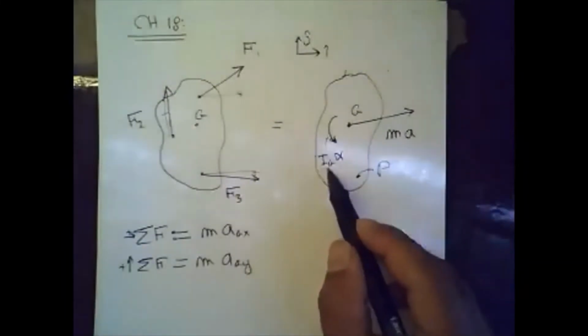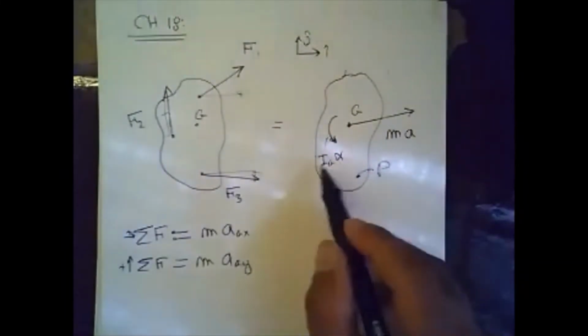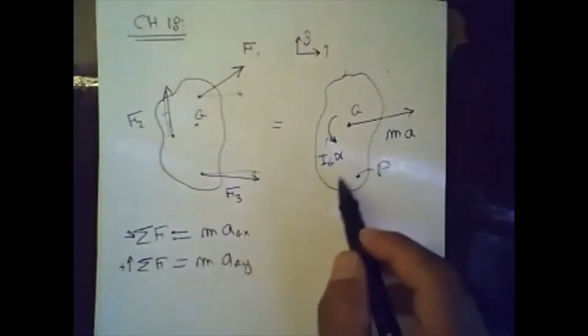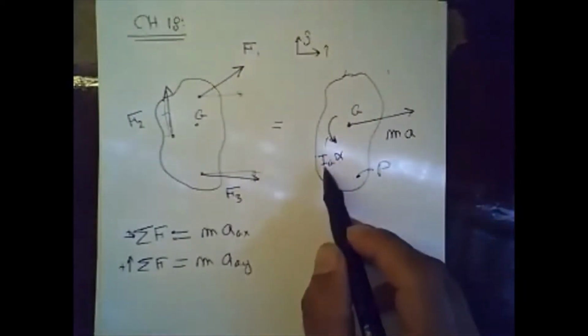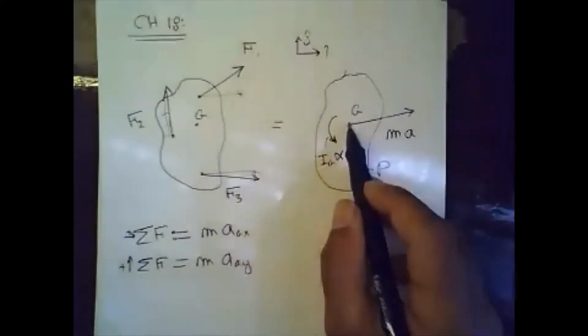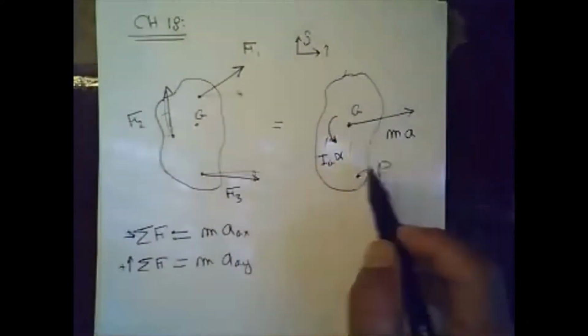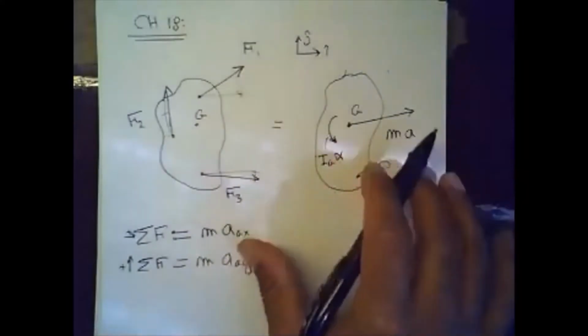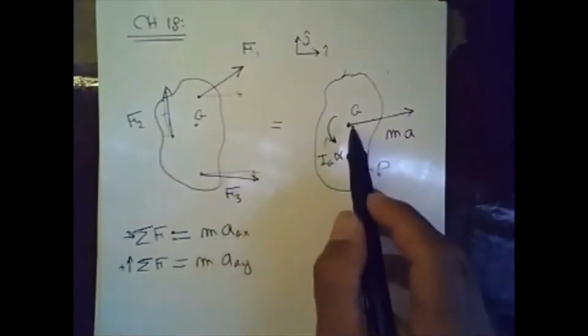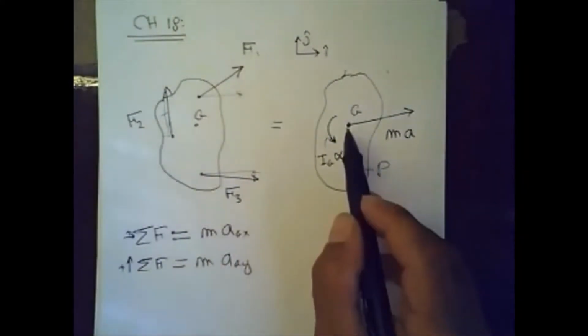I_G is called the moment of inertia of the rigid body. In this case, it is a planar moment of inertia, and I_G is the moment of inertia with respect to the center of gravity. You can find it with respect to a different point, and in that case you have to use the parallel axis theorem. We don't need to do this in our case. You just need to know the moment of inertia about the center of gravity.